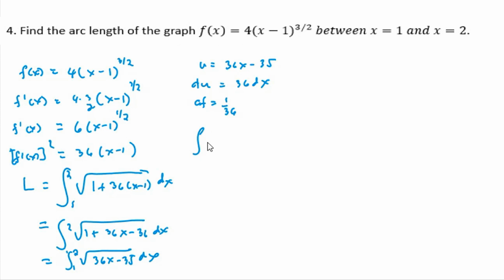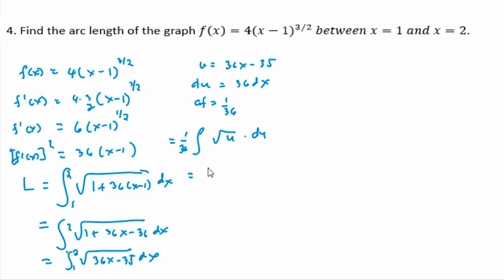So we're writing now the given. We have the integral of the square root of u times dx, which will give us du over 36, but I will just write outside the integral the 1 over 36.